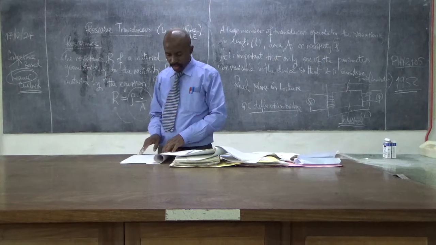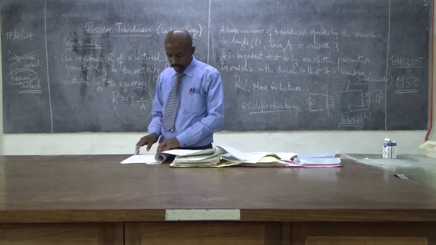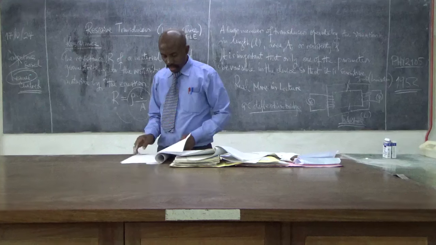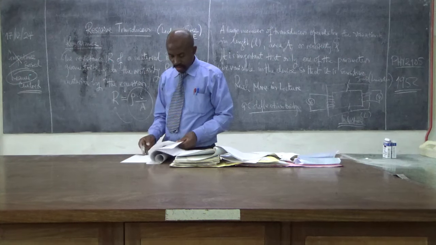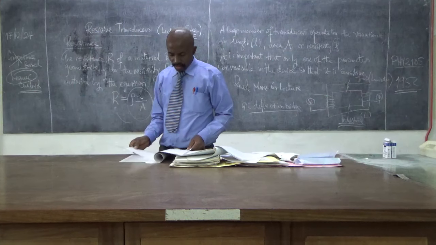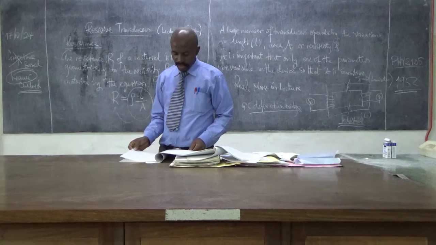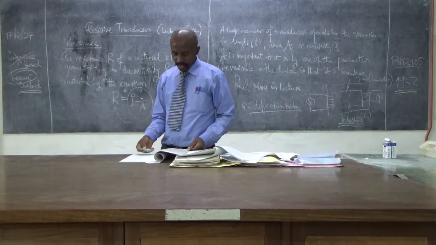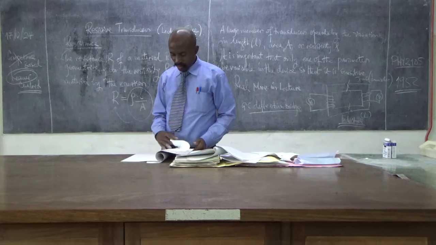So we have agreed you read all about the resistive transducers, and then you will go ahead, and so there is an inductive sensing element, so let me now do this part.